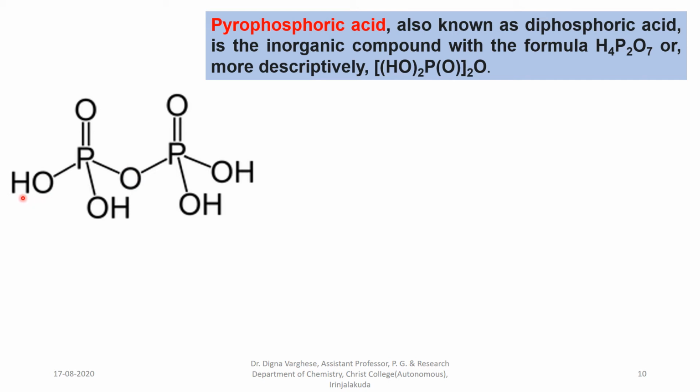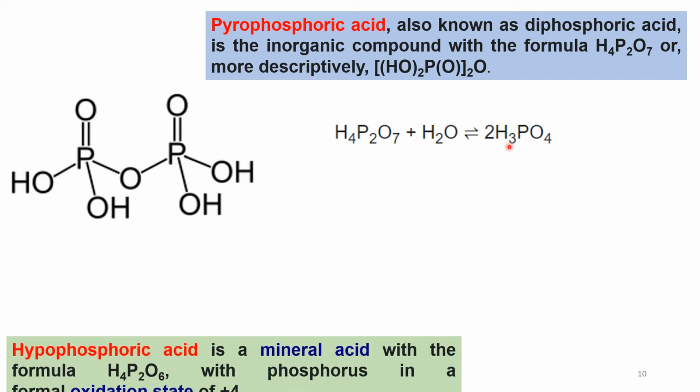It contains 4 ionizable hydrogen atoms, therefore its basicity is 4, so it acts as a tetrabasic acid. In this molecule, phosphorus is in the +5 oxidation state. When pyrophosphoric acid reacts with water, it is converted to orthophosphoric acid.